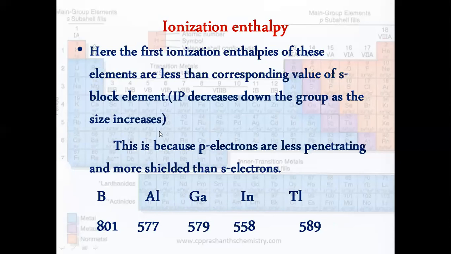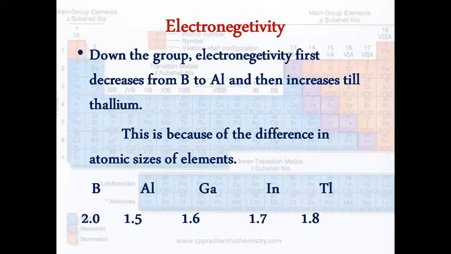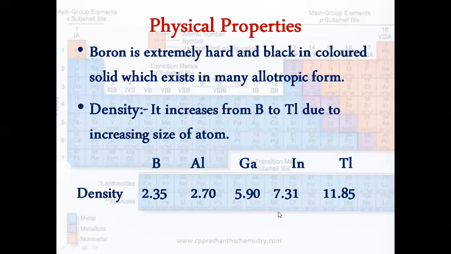If the size increases, the nuclear force of attraction over the outermost electron decreases, so one can remove the electron very easily. As for electronegativity, it first decreases from boron to aluminum, after which there is a gradual increase again.